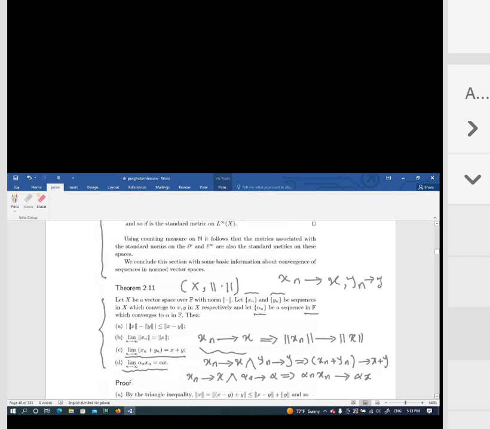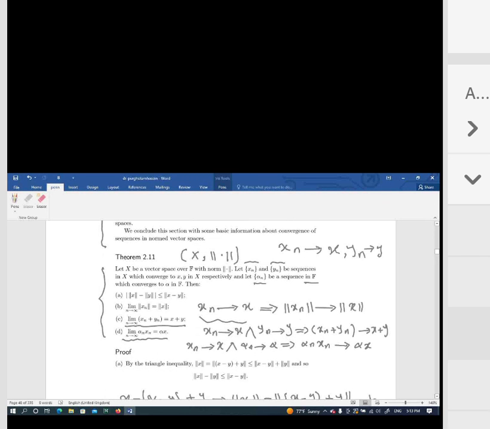Now we have a theorem. Let X be a vector space over F with a norm, and let x_n and y_n be sequences in X which converge to x and y respectively in X, and let alpha_n be a sequence in F. Then A: the absolute value of norm x minus norm y is less than or equal to the norm of x minus y.